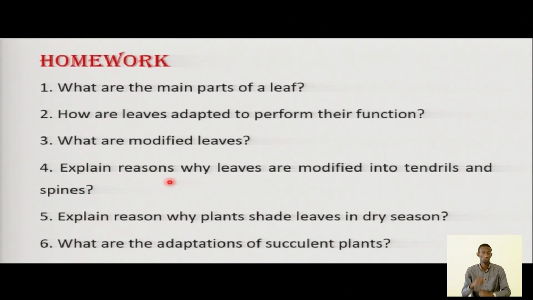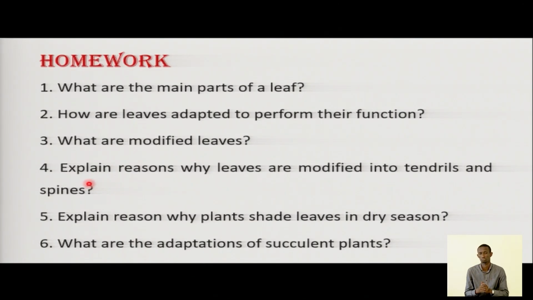Dear students, allow me to give you homework to test your level of understanding, because I'm sure you have followed all the steps of the lesson. Question number 1, what are the main parts of a leaf? Question number 2, how are leaves adapted to perform their functions? Question number 3, what are modified leaves?